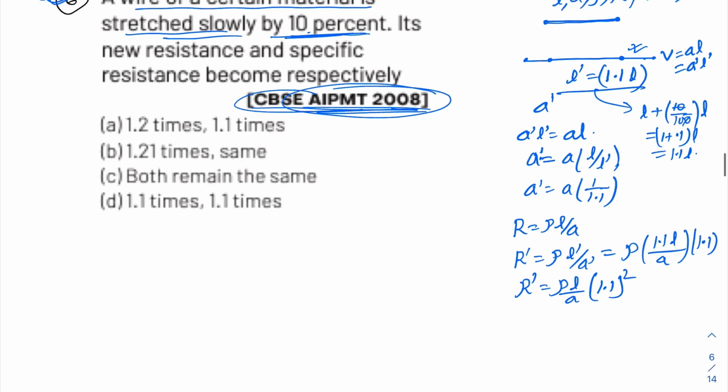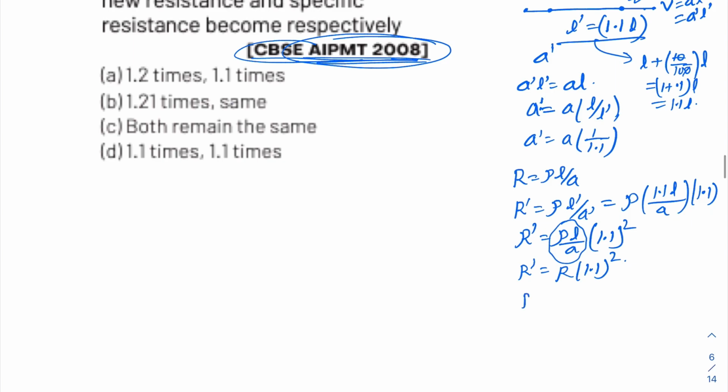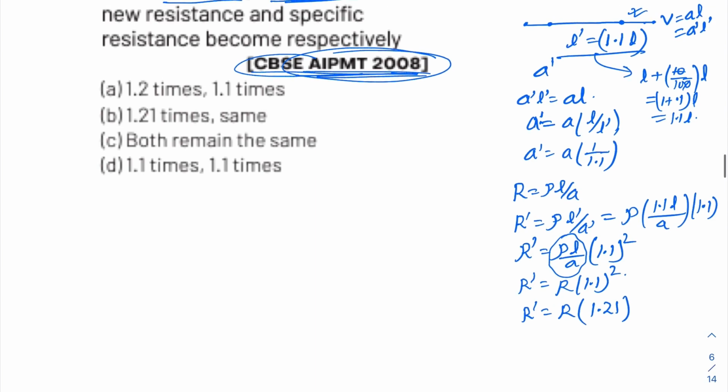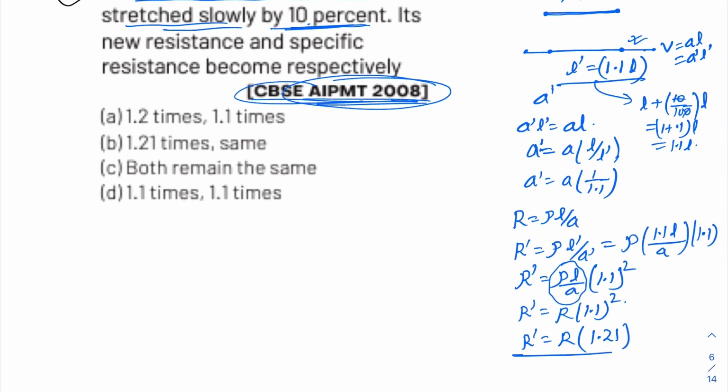So R dash equals, rho L by A is R, so 1.1 whole square. So R dash equals R into 1.1 square, which means 1.21. So this will be your R dash, R into 1.21.